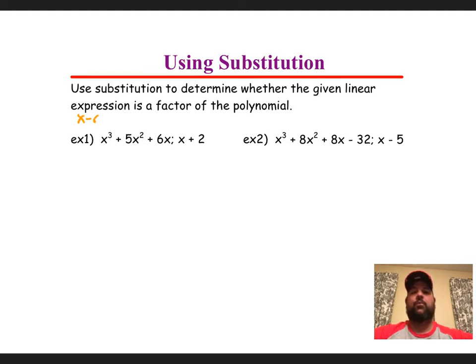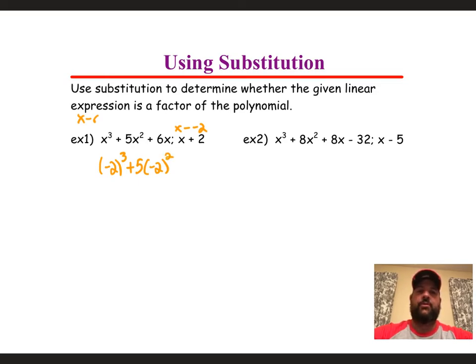So in this case, when it says x plus 2 here in number 1, I don't actually want to plug in 2 because x plus 2 is actually x minus negative 2. So what we're going to do is substitute negative 2 into the function. And I'm going to remember to include parentheses. Anytime we substitute, we want to make sure we include those parentheses. And we're just going to check, do we end up with 0?